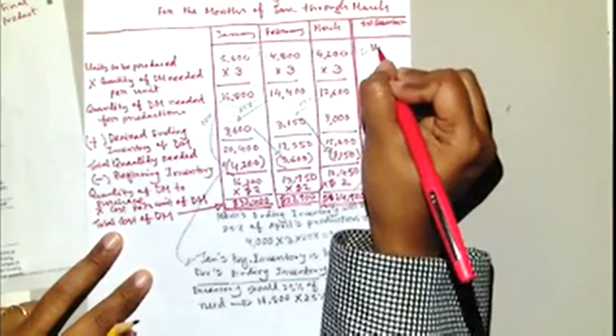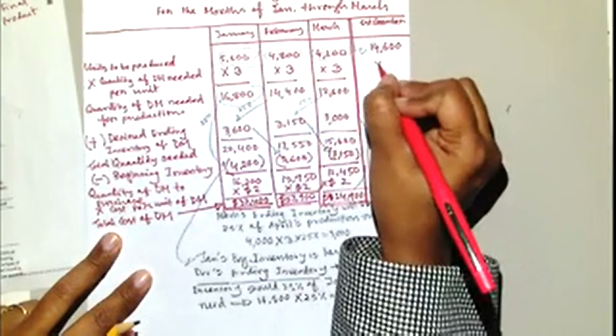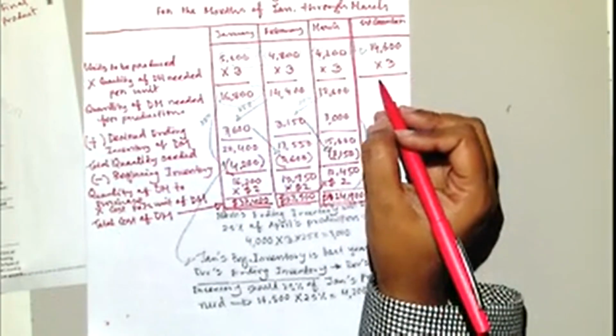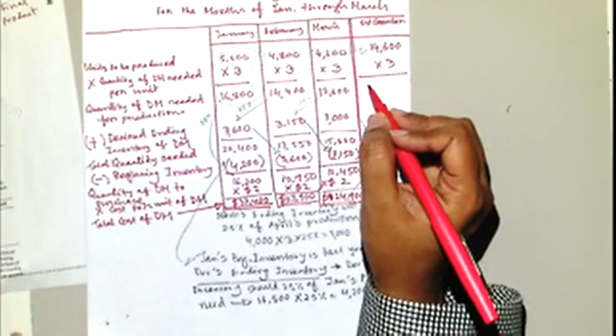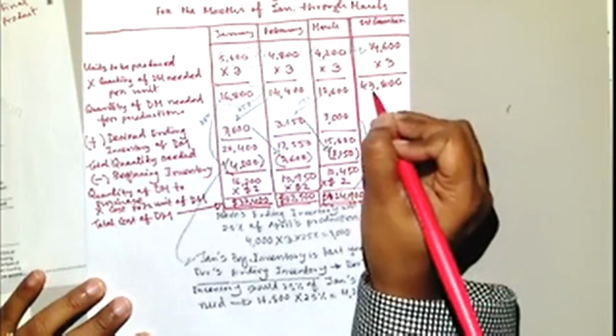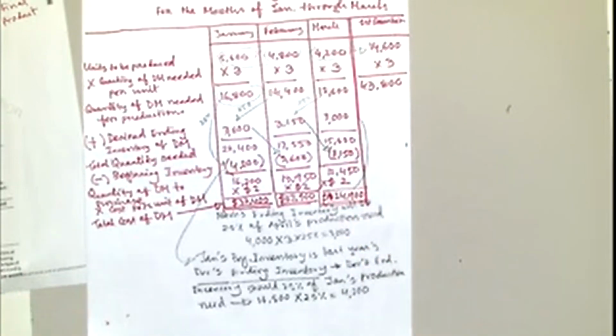Great. Then you're going to multiply by 3. Tell me how many computer chips or direct material you need for the whole quarter. 43,800.